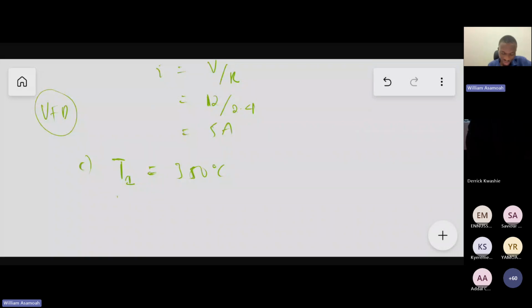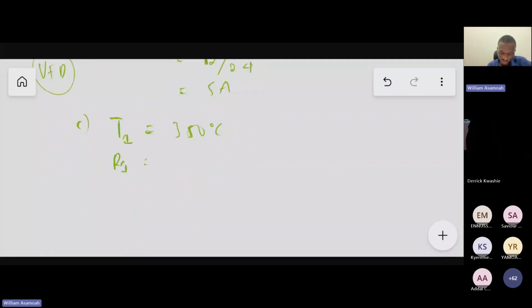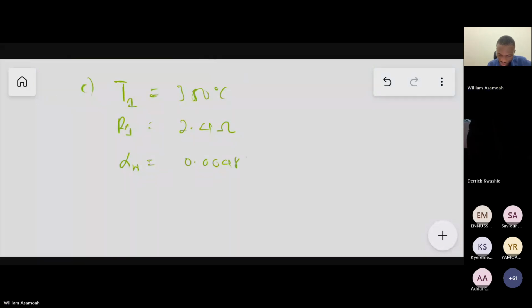And we found the resistance at T1, which we've calculated to be 2.4 ohms. Now, the question also gave us that TCR of tungsten was equal to 0.0048 per degree Celsius, right?